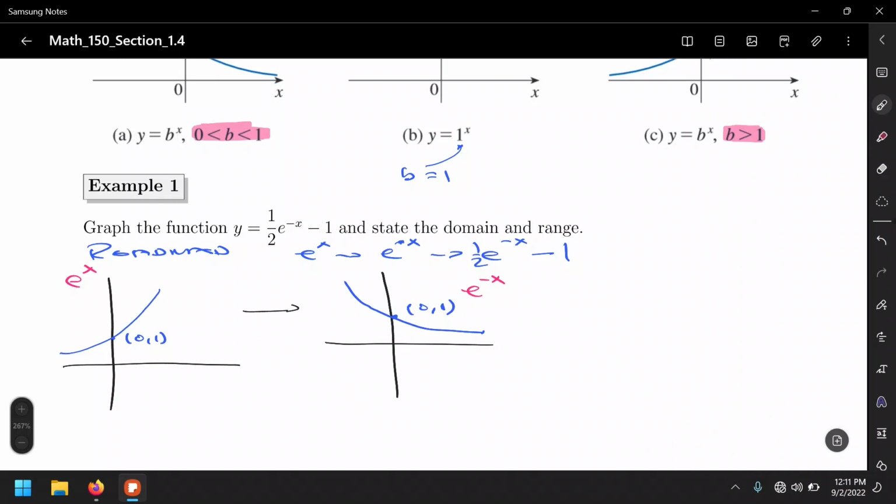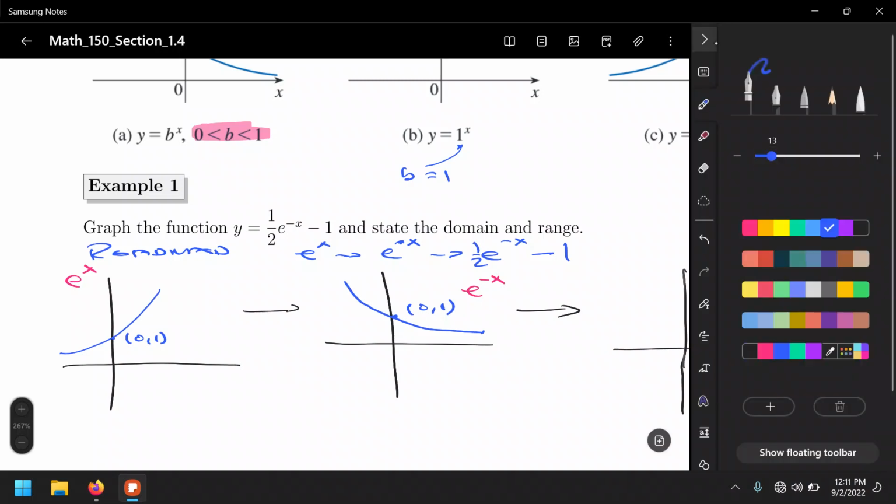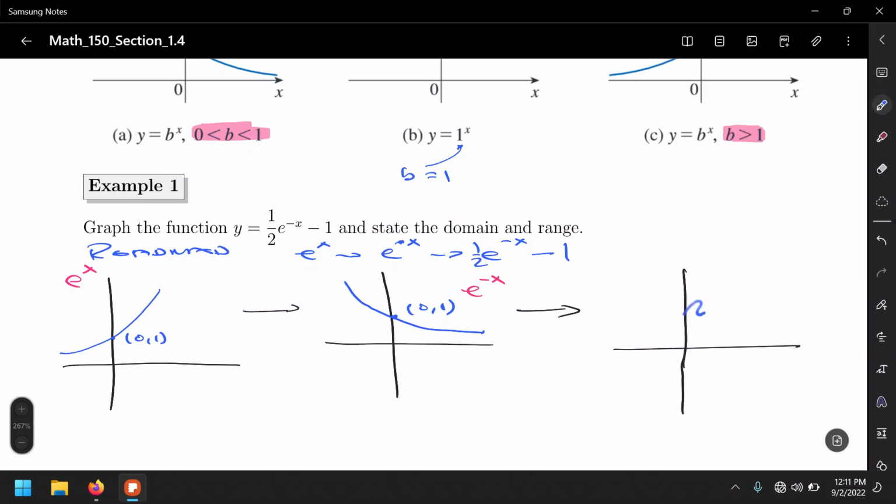Let's do the next transformation. Okay, the same decaying graph in this case. If this was the point 0, 1, well, this time the function is going to go through the point 0, 1/2, because that's the vertical shrinking by a factor of 1/2.